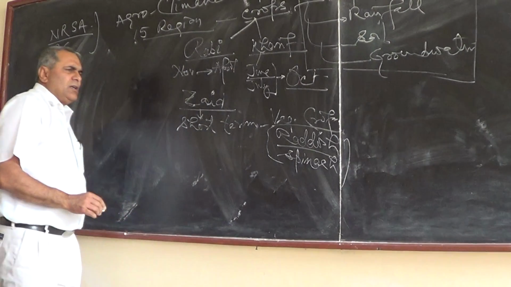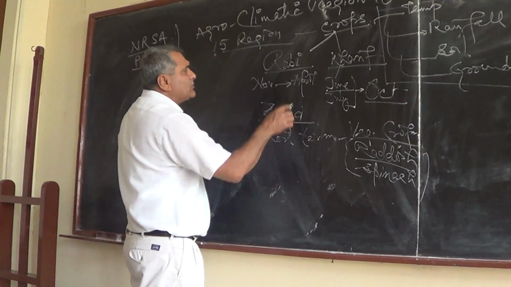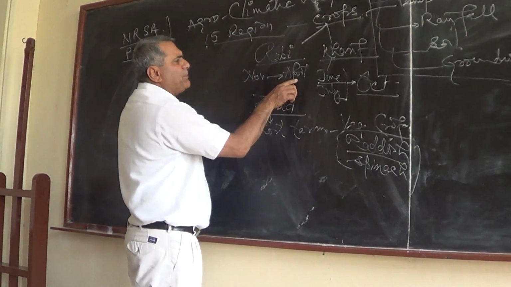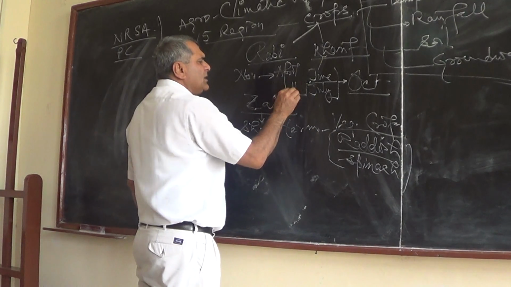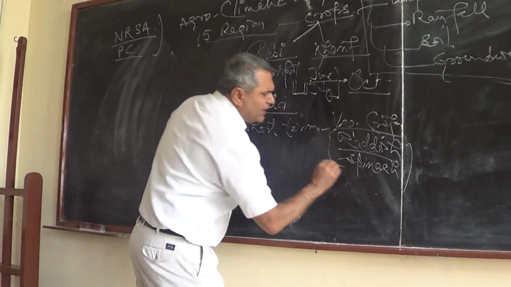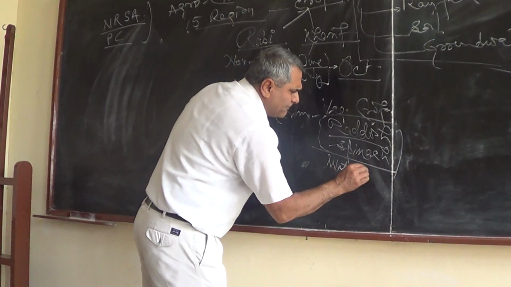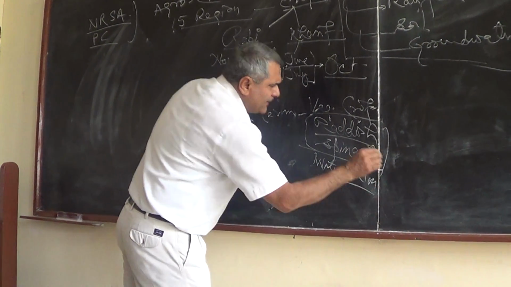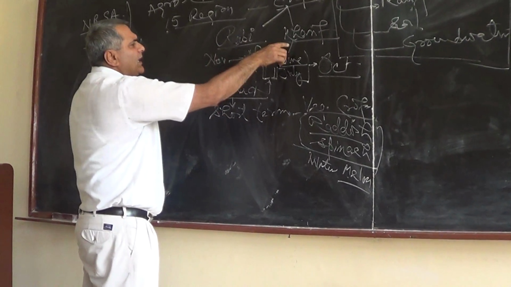And gourd, etc. These short-term crops are grown between April and June. Watermelon, etc. These are grown in the short-term period between Rabi and Kharif.